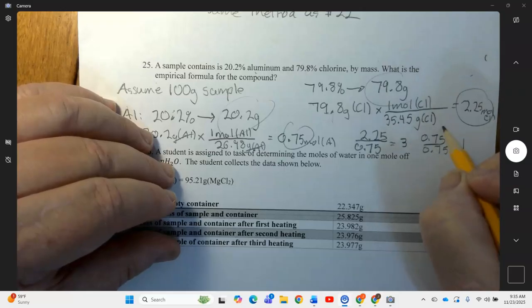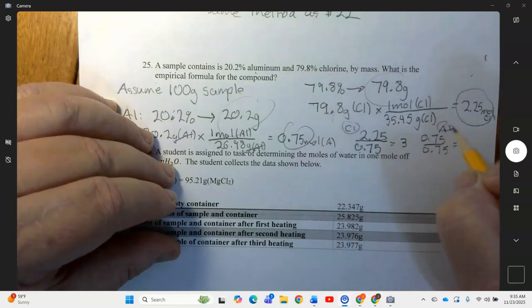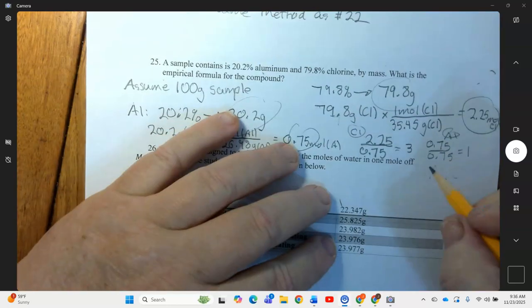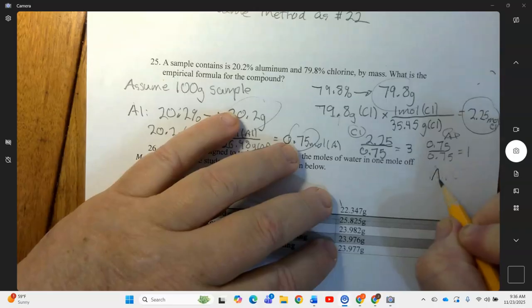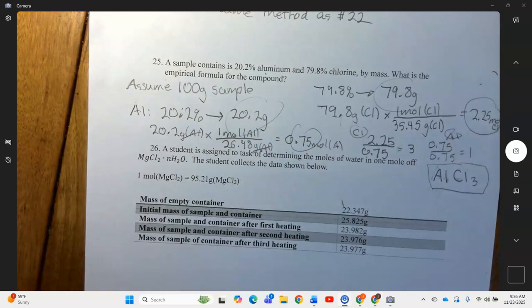Okay, so this one is for aluminum. This one's for chlorine right here. Okay, so it's simply Al1Cl3. Okay, and it's simply, the answer is going to be Al1, you don't have to write the 1, Cl3. Okay, and that's the empirical formula there.